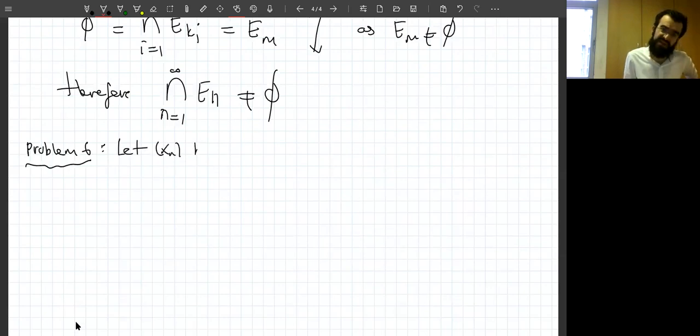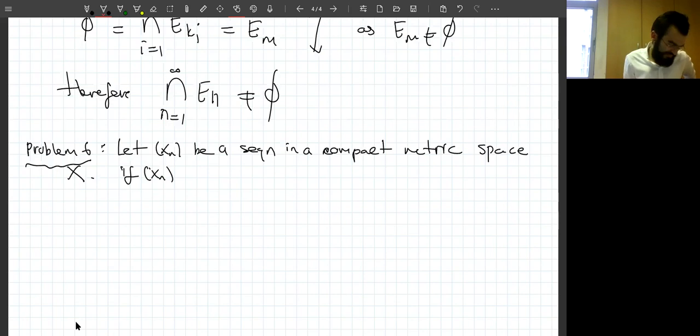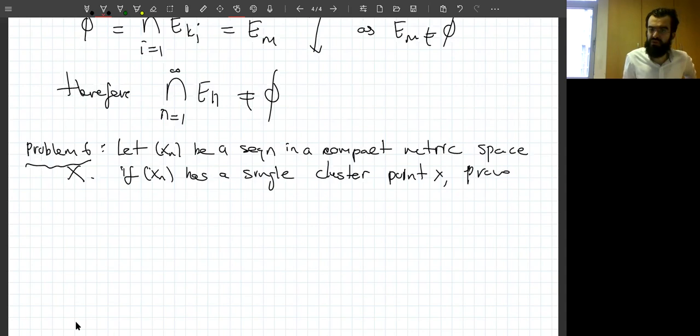Let x_n be a sequence in a compact metric space X. If, say, x_n has a single cluster point x, prove that the limit of x_n is x.